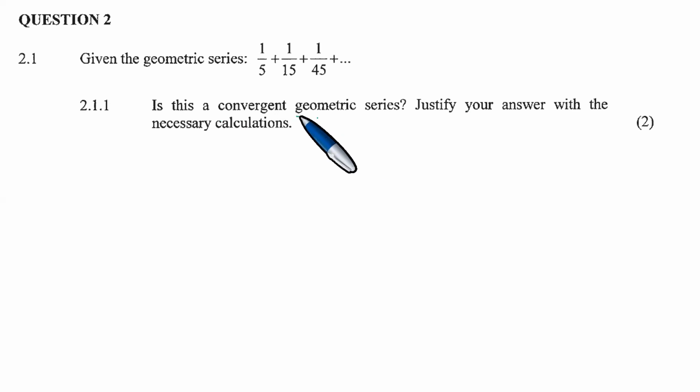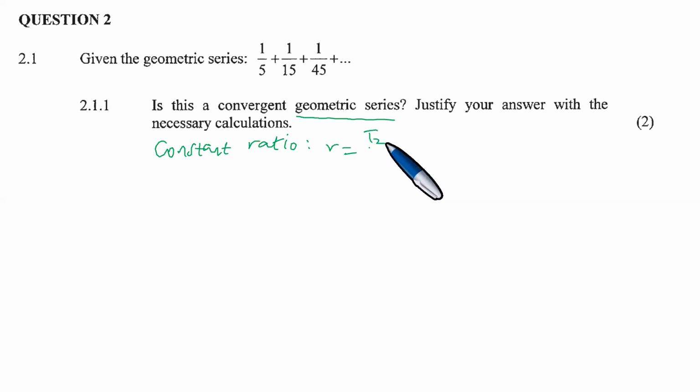So when we have a geometric series, there's something we call the constant ratio. What is the constant ratio? The constant ratio is the second term divided by the first term.